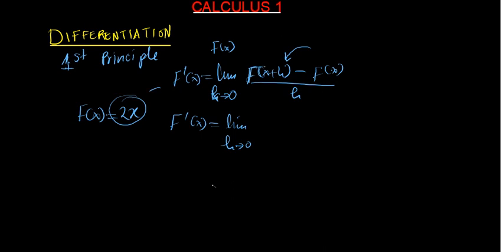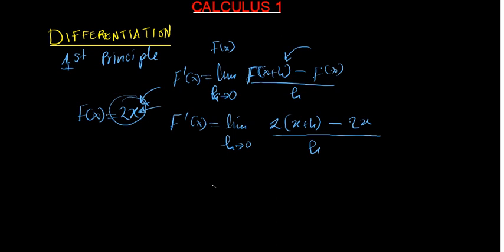So in the function you've been given, where there is x, you are going to put x plus h. So we have 2 times x plus h, and then minus the function itself, which is 2x, and then divide that by h.